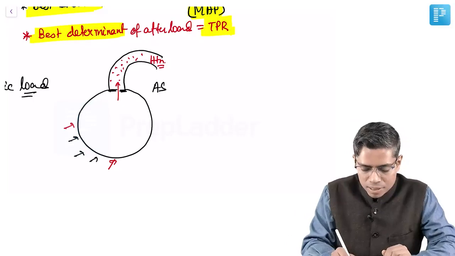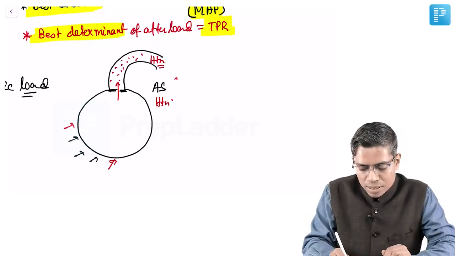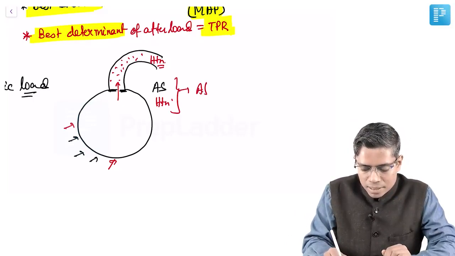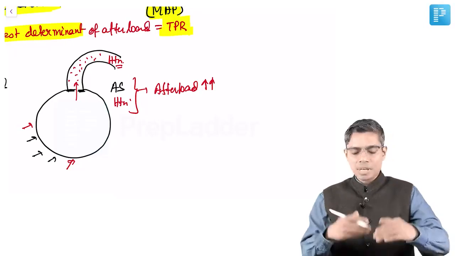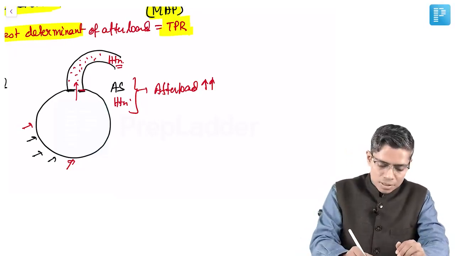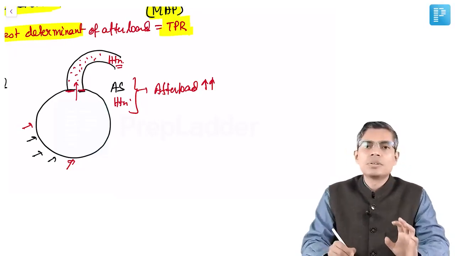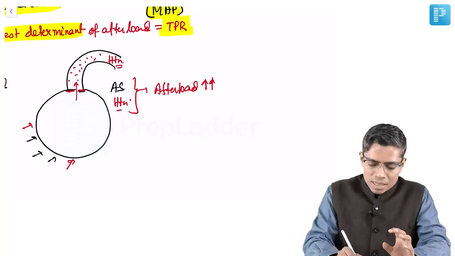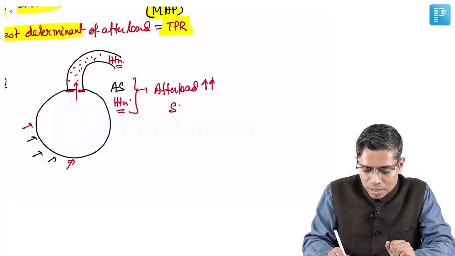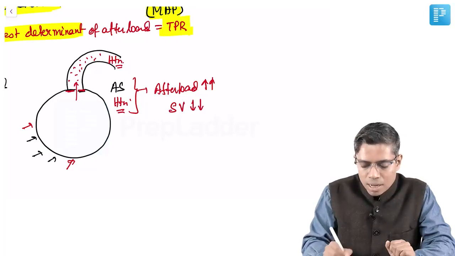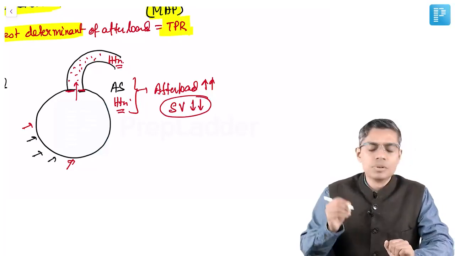So in case of aortic stenosis and in case of hypertension, I can say that afterload is very high. Whenever aortic stenosis develops, what will happen to stroke volume? Decrease. Whenever hypertension develops, what will happen to stroke volume? Decrease. That's why we earlier said that high afterload means stroke volume is going to reduce.